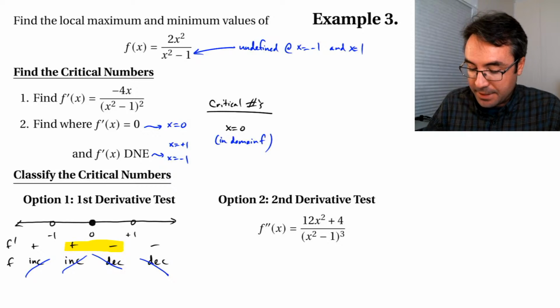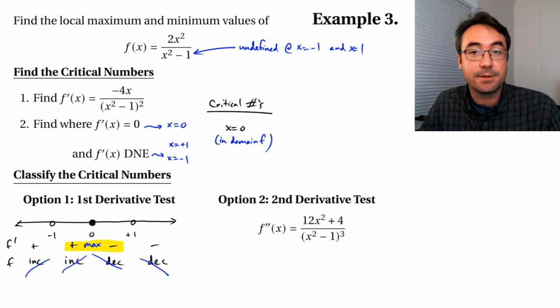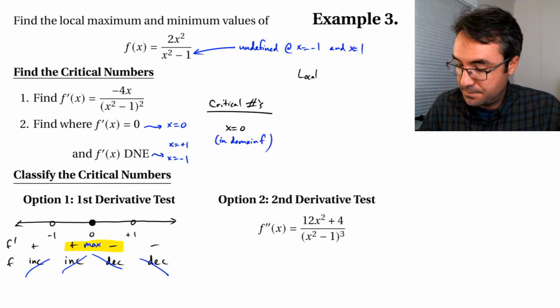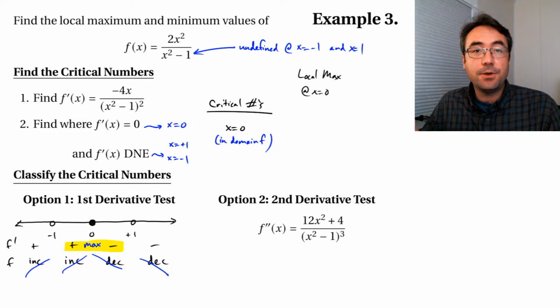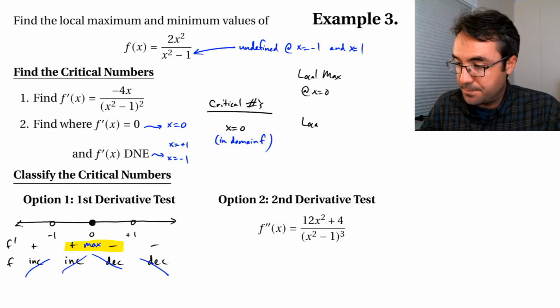It looks like a max, and that's what our first derivative test says. We have a max there. And that's the only critical number, so there's no local min.